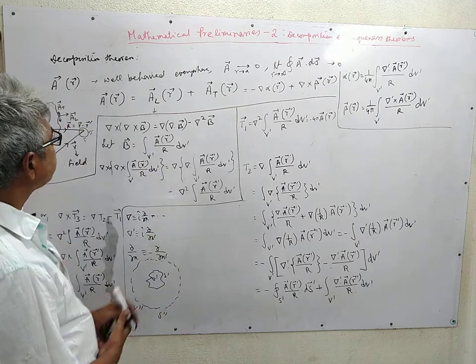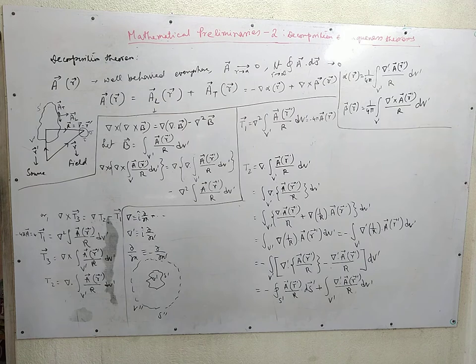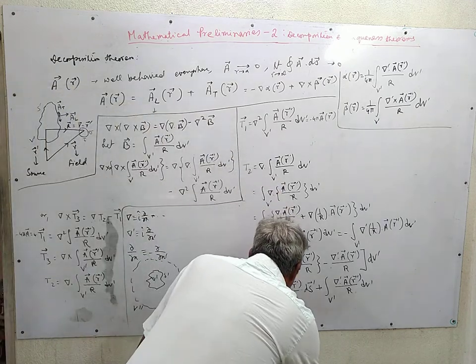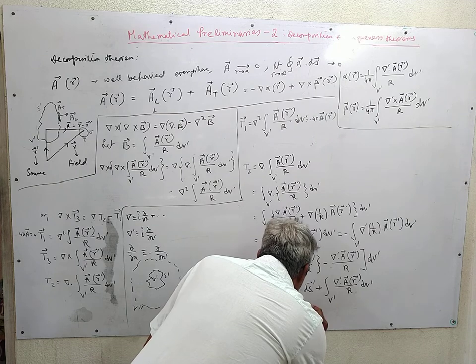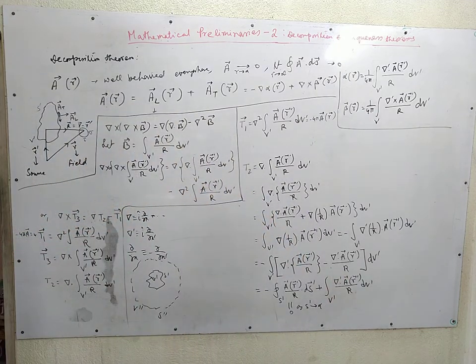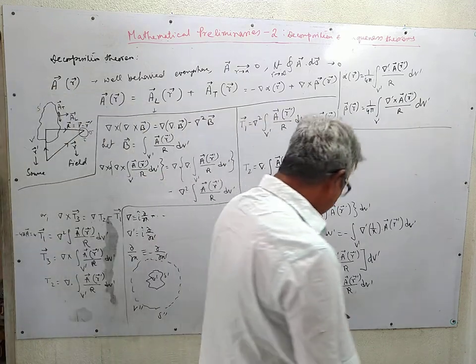And as per the proposition, the field A and its surface integration goes to 0 in the asymptotic region. So this is 0 as S double prime tends to infinity. So we are left with only this term.